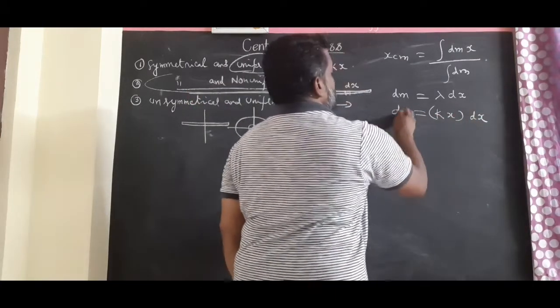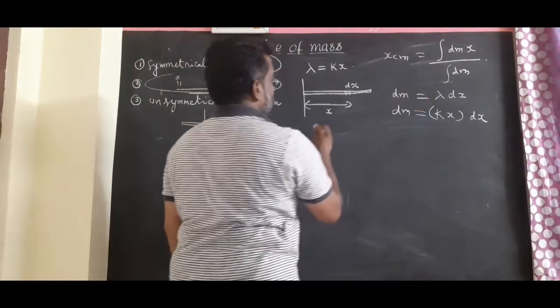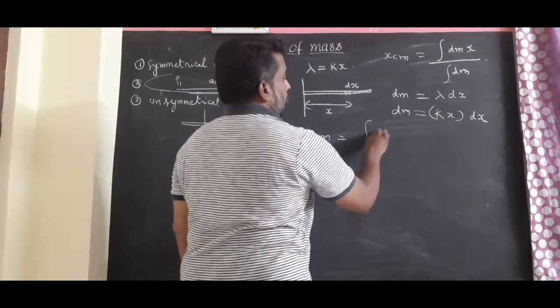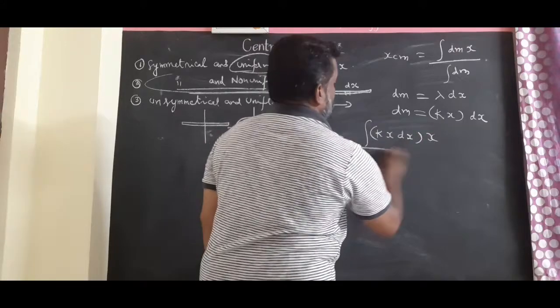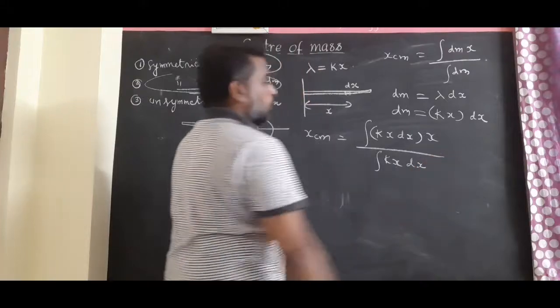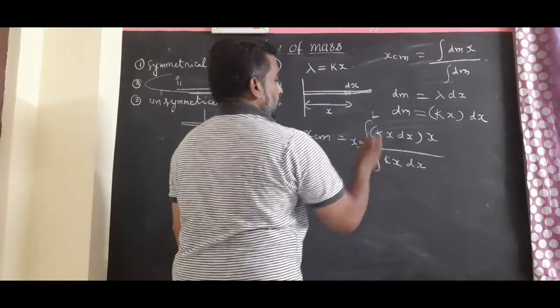So kx into dx is the mass of an element. By substituting this in that equation, xm will be equal to integral kx dx into x divided by integral kx into dx. Limits of x are from 0 to L.